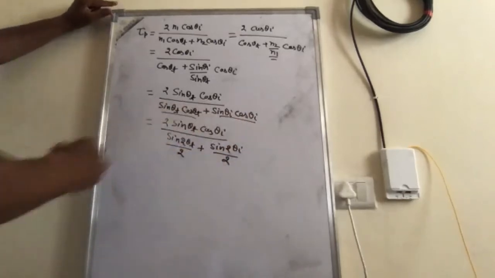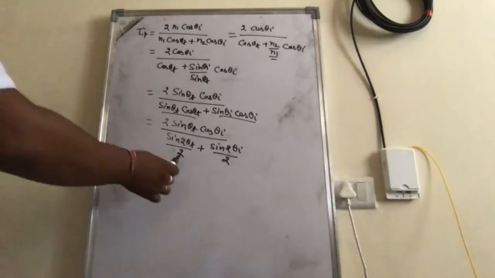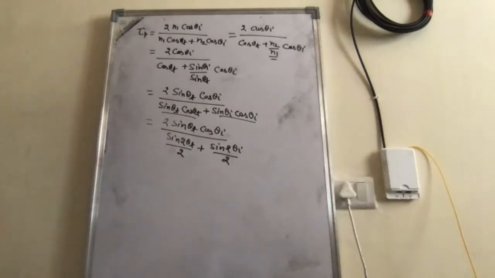So we can use the trigonometric identities. And then further, this 2 will be cancelled out from the numerator and denominator.